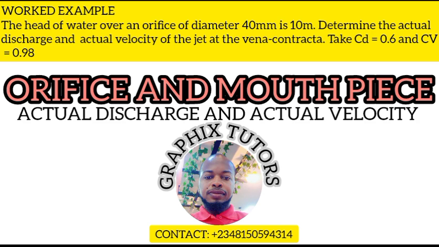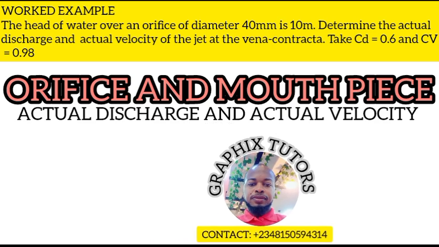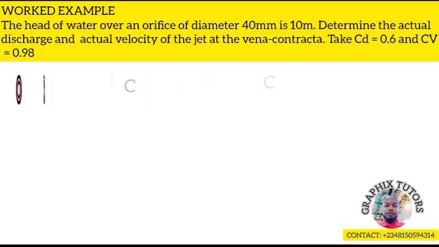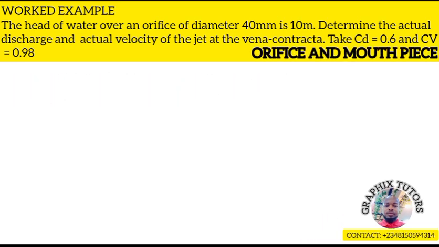Take CD equals 0.6 and CV equals 0.98. The orifice is an opening in the wall or base of a vessel through which the fluid flows. That is what we call an orifice.